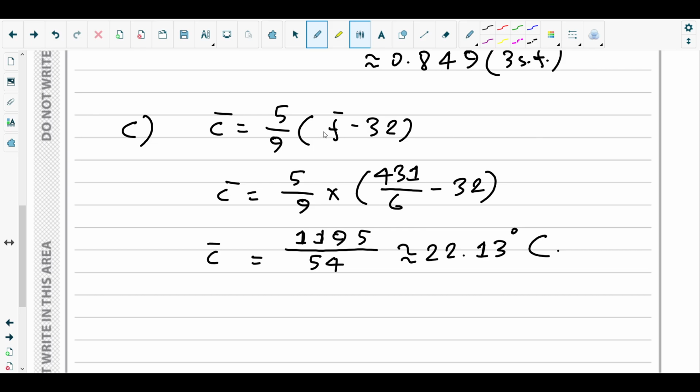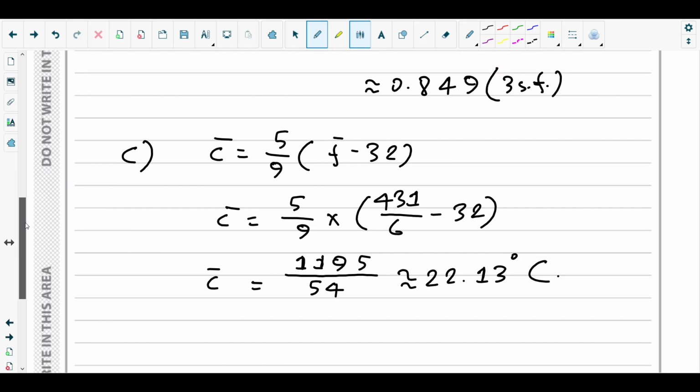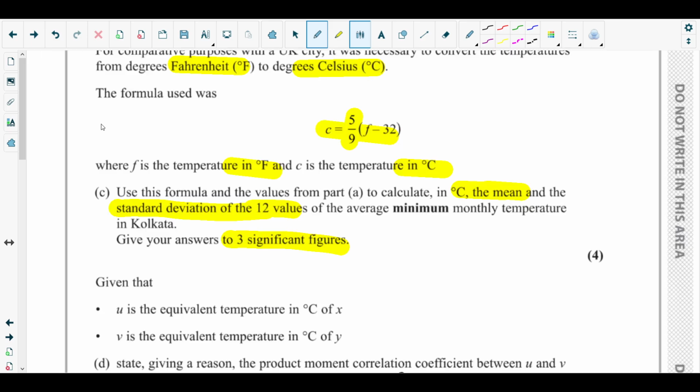So we need to find at first the standard deviation for Fahrenheit.